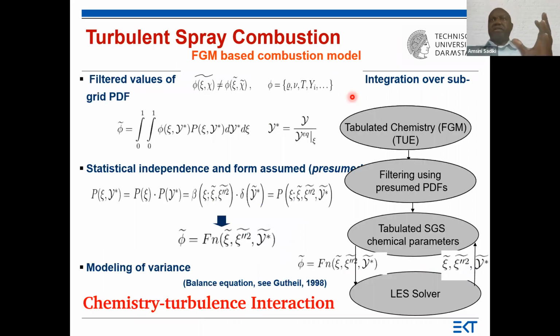And if we have this, then we know that there is an interaction between chemistry and combustion. It was, I think, introduced yesterday by Professor Ashoka, and we see that we need the filtered quantities in our transport equation.